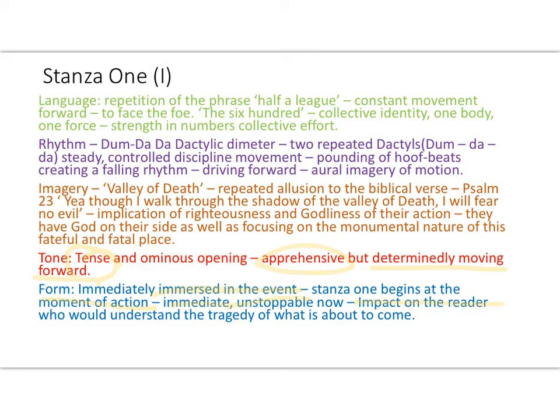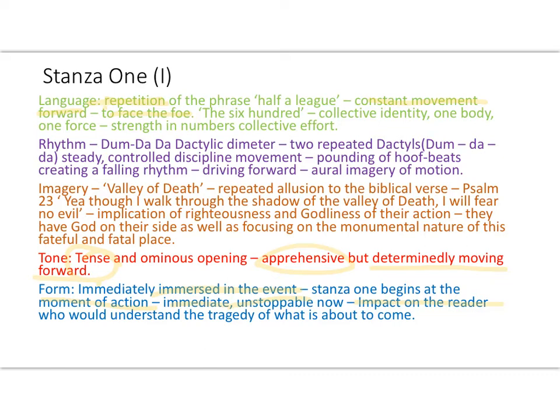The most notable thing is the use of repetition, and you've got that repetition in the phrase half a league, half a league, half a league. And why is that use of repetition important? Well, it shows you the constant movement forward to face the foe. So even though there's a sense of threat and trepidation and apprehension, there isn't a sense of reluctance.